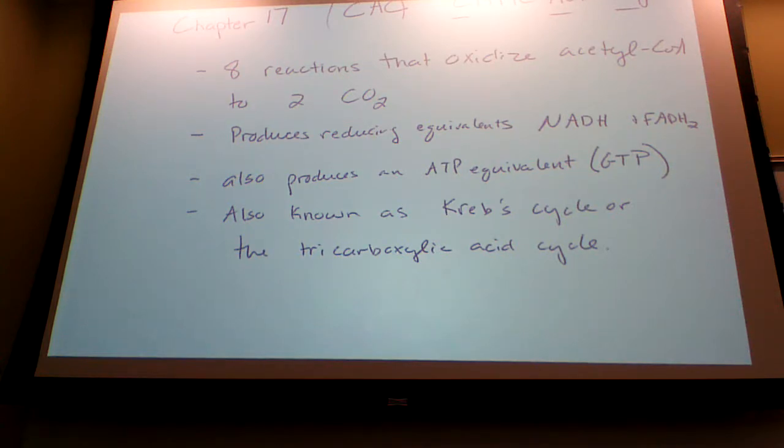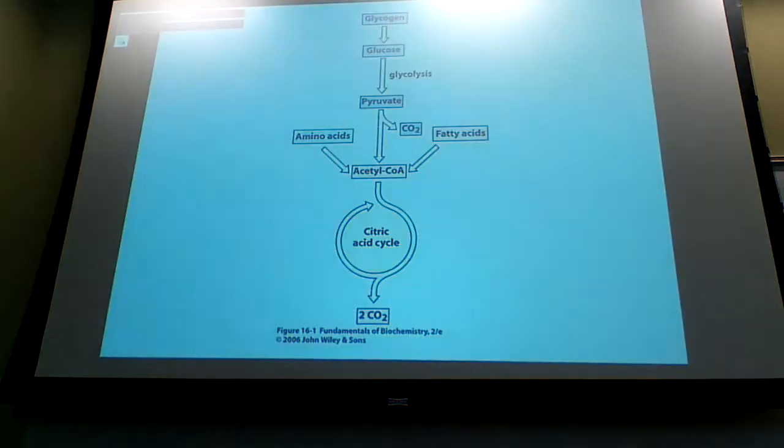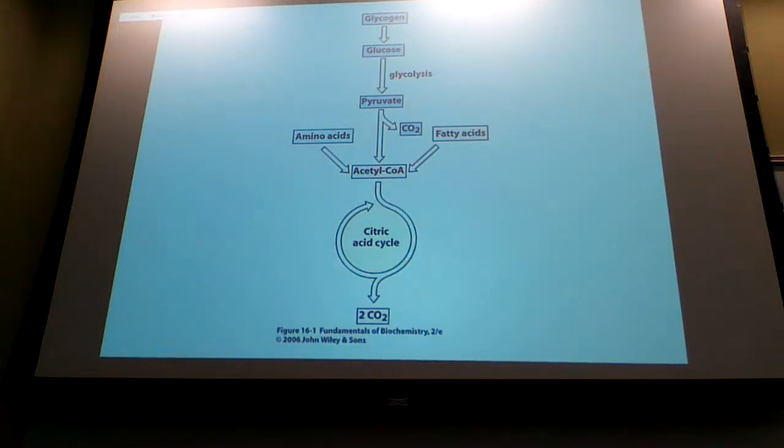Okay. So we do have one little problem in that we haven't made acetyl coenzyme A yet. We're going to have to do that first. But here we are. This is what we have. We've taken glycogen, we've broken it down to glucose. We've taken glucose, we've broken it down to pyruvate. Okay, and then there are these off-pathway things that if I want to, I can use fermentation to do something with the pyruvate. Or if I want to make lots of ATP, then I need to go through the citric acid cycle and make reducing equivalents for the electron transport chain later.